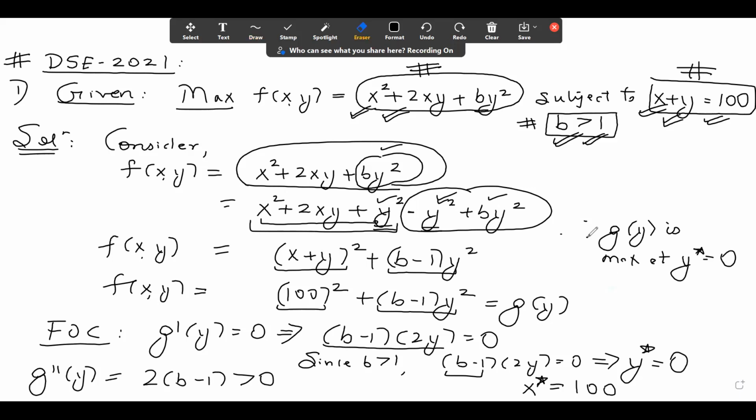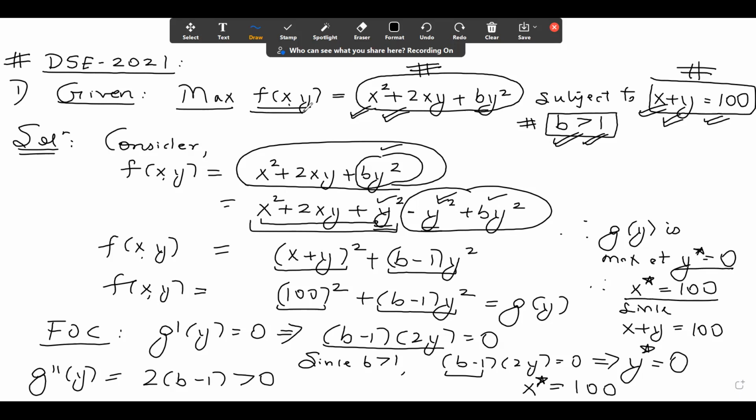Therefore, x star is equal to 100, since x plus y should be equal to 100. So I can say that my function f of xy is maximum at x star equal to 100 and y star equal to 0.